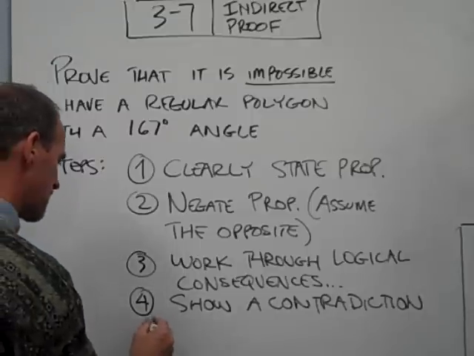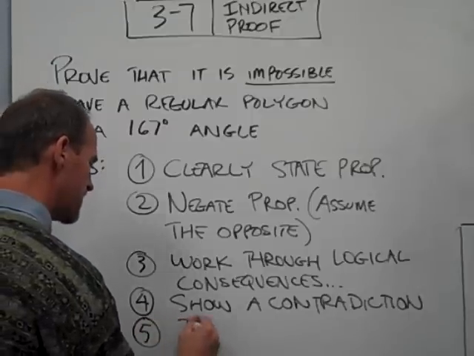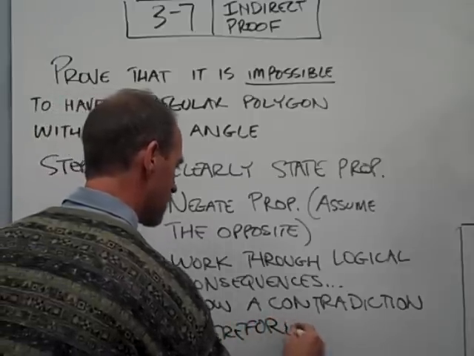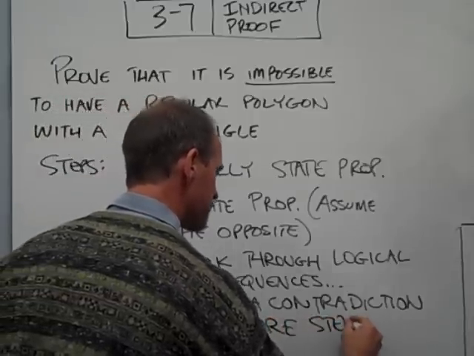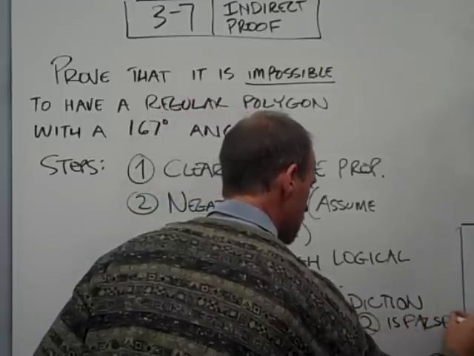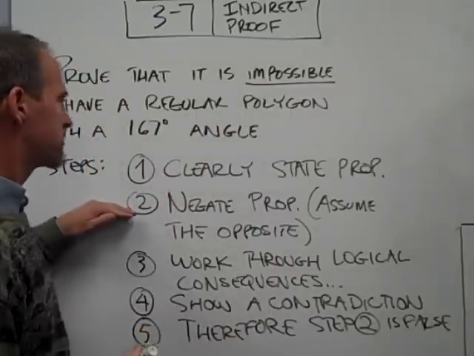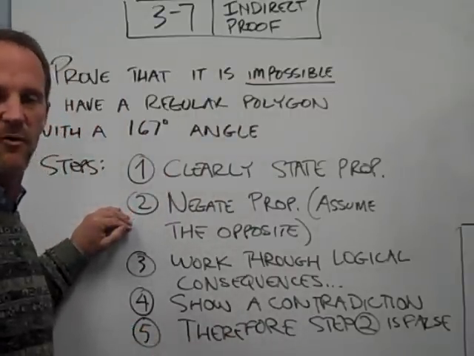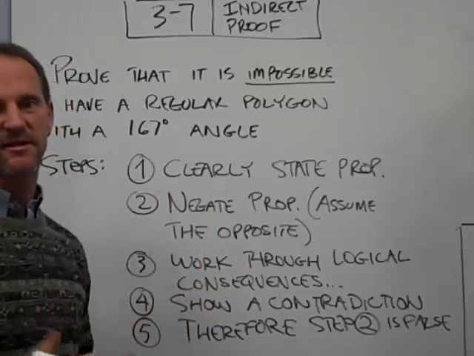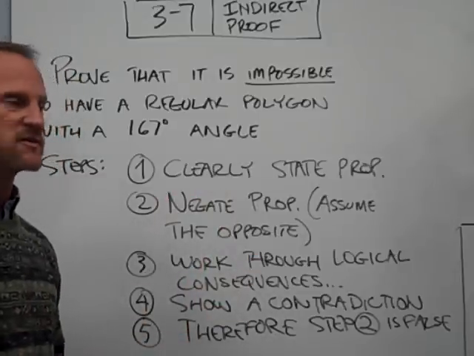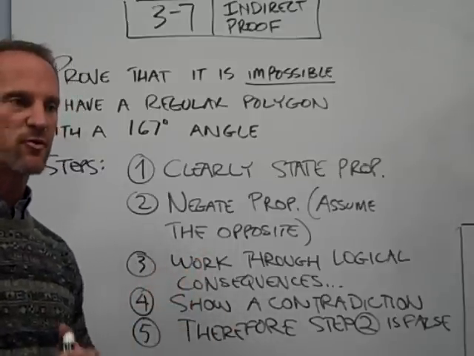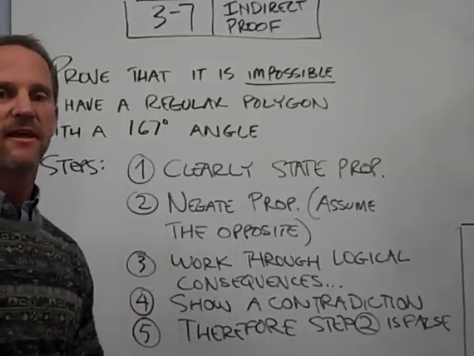Once you've shown that there's a crazy consequence, you've reduced something to the absurd, then you know that assumption, step 2, is false. So if step 2 is false, then by what's called the law of the excluded middle, either something is or it isn't in a lot of our mathematical statements. A number is either even or it's odd. It can't be both. So if you prove that a number is not even, then it must be odd.